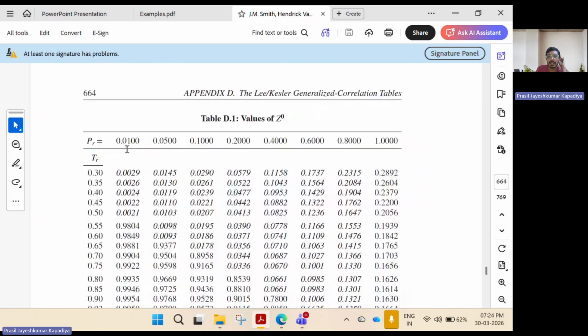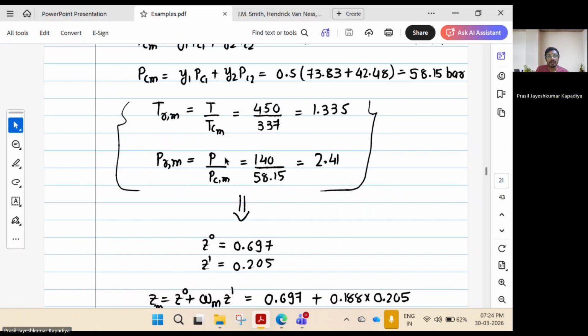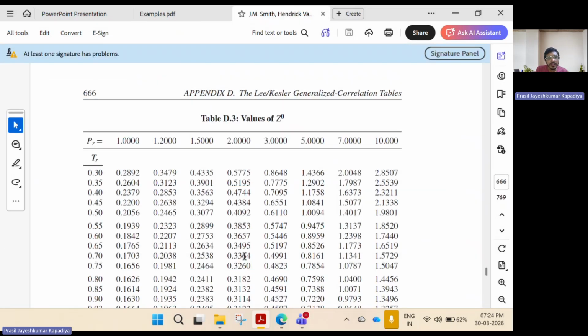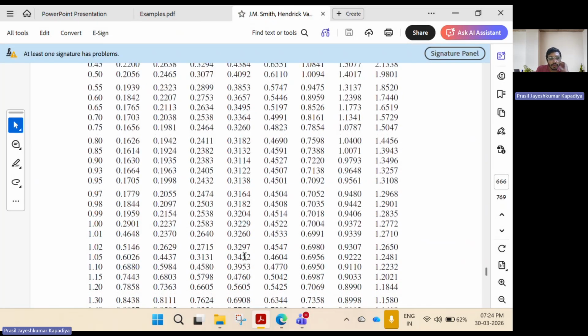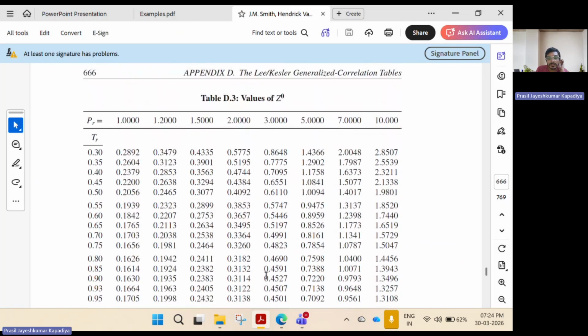Let's say approximately here, PR is equal to 2 and PR is equal to 2.5, and TR is equal to 1.3.